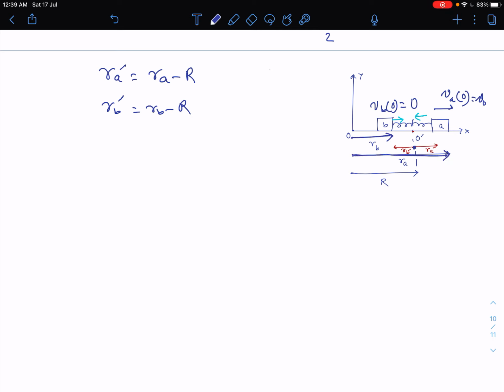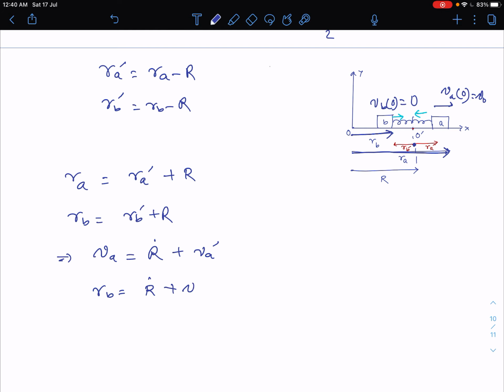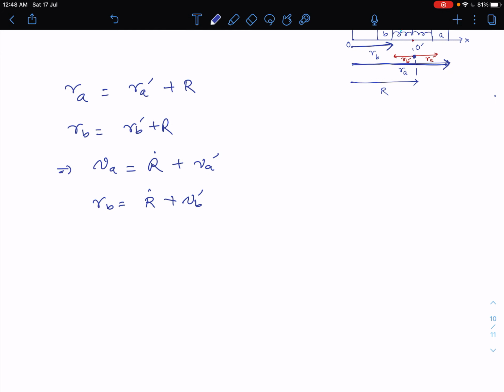Let's say that RA is just RA prime plus R, RB is just RB prime plus R. That means VA is just R dot plus VA prime, and VB is just R dot plus VB prime. Now the question is how to calculate the R dot.